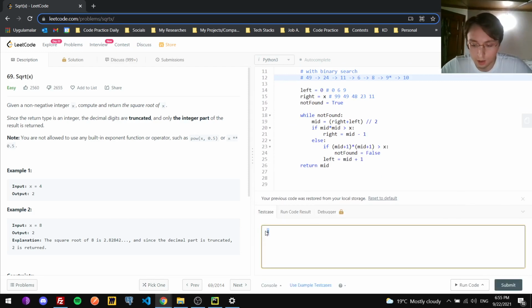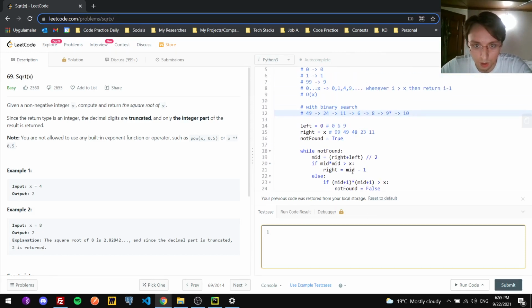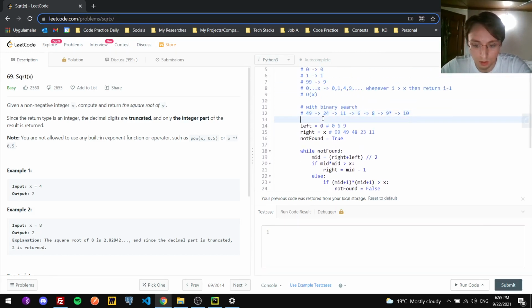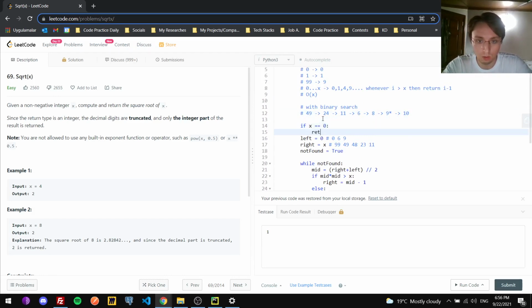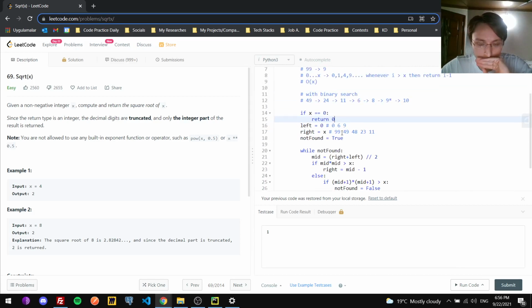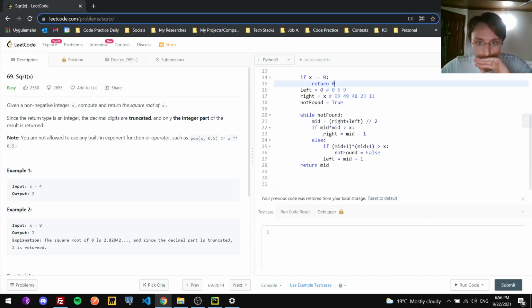What if we have something like 0? Oh, I forgot to add something here. In each case, if x is equal to 0, we return 0, so we don't go in an infinite loop.